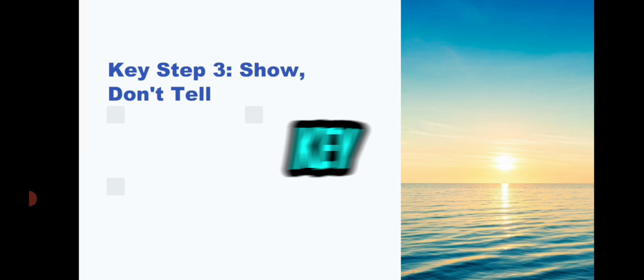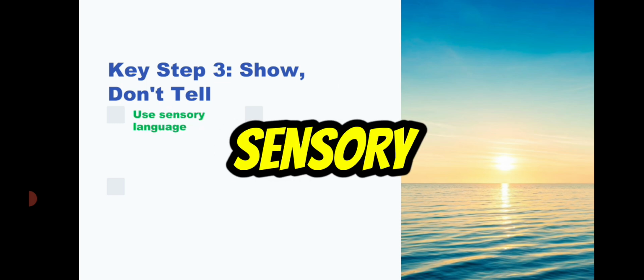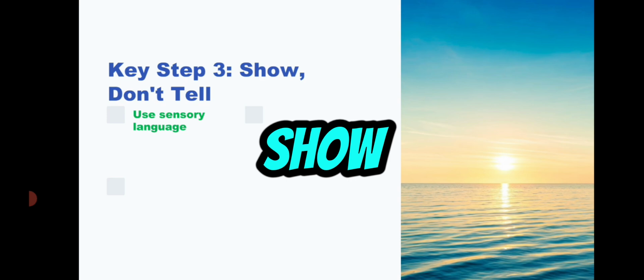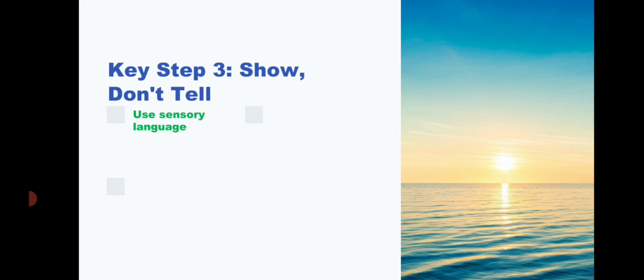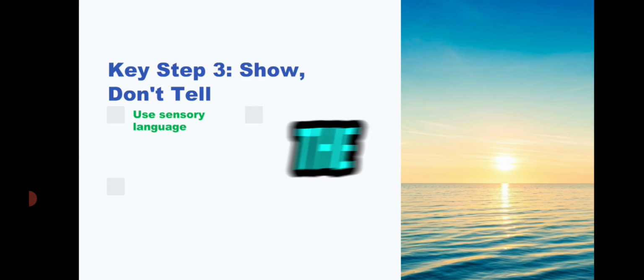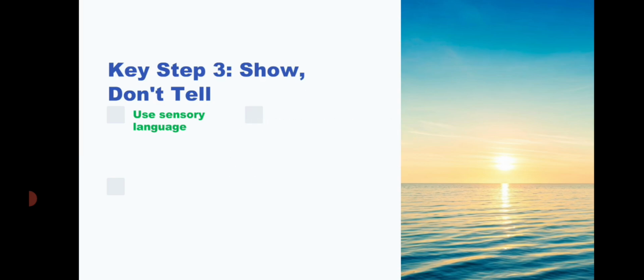This brings us to key step number 3. Show, don't tell. Use sensory language. This will help you to show, because when you use sensory language, you give the reader a picture of what you are describing.